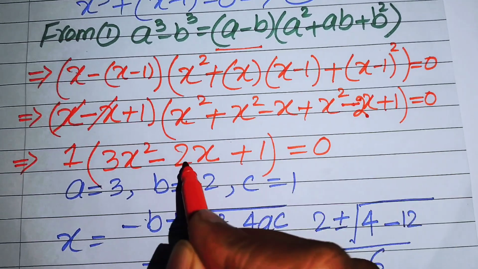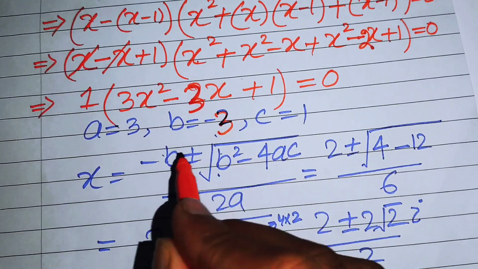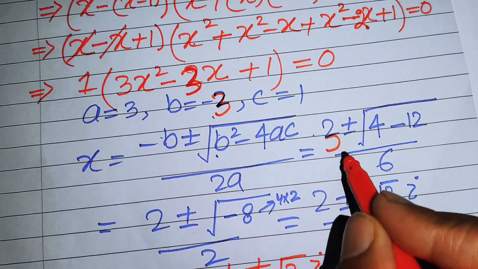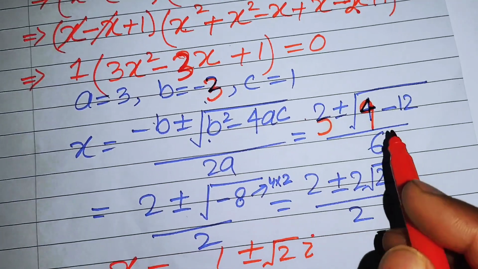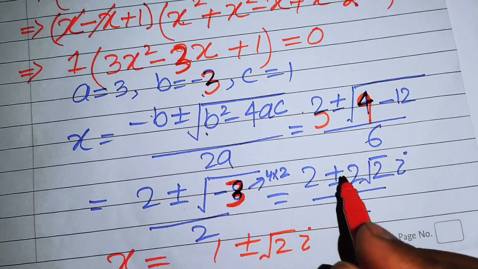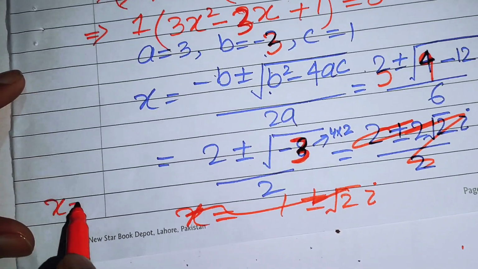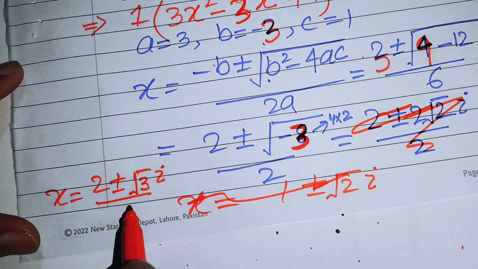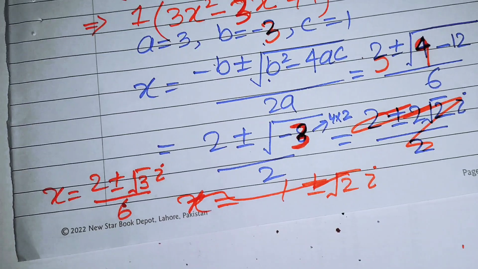So it is minus 2x, then we get here this is minus 3x, and if this is minus 3, so our b will become minus 3, and if b is minus 3, then we get this term is 3, and when we substitute this value, then this becomes 9, and 9 minus 12 will be equal to minus 3, and the square root of minus 3, this is wrong, and we have our x equals to 2 plus minus square root of 3 iota divided by, you have 2 times of 3 is 6.